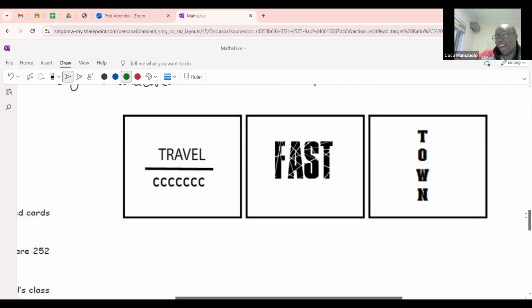Is the travel under? I don't know about under, Emihle. Let's try again. You're almost there, though. Liacho, you're almost there. Yes, travel overseas.